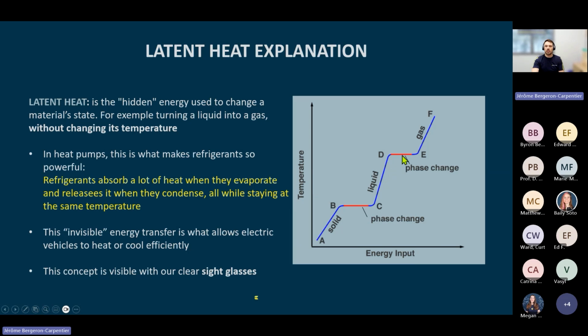And at some point, I'm going to hit some sort of a plateau where I'm going to start changing phase, passing from liquid to gas. And at that moment, as we can see, we keep increasing the energy input to that glass of water, but the temperature is going to stay the same. And that exact moment is what we call latent heat.